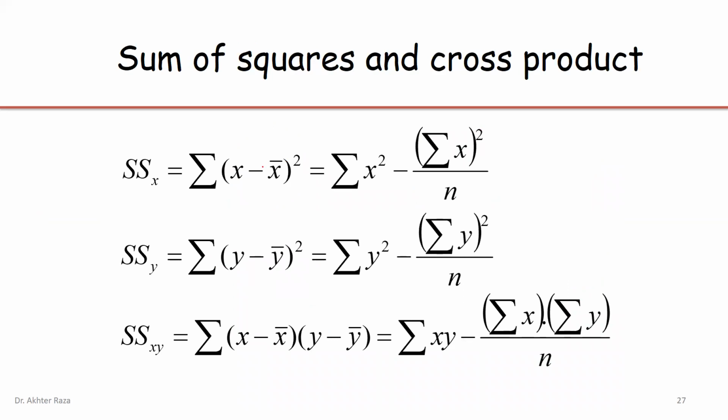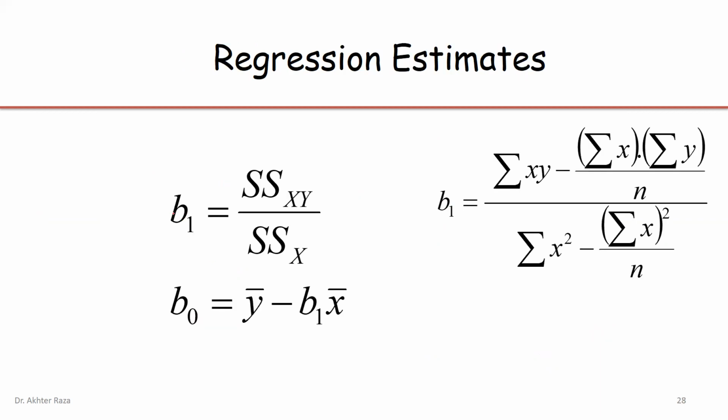Now we have summarized the formula of SSX. This is the numerator of the formula of variance of x. This is the numerator of the formula of covariance of x and y. So these two estimates can be obtained: beta 1 is equal to SSXY, the numerator of the formula of covariance, over SSX, the numerator of the formula of variance of x.